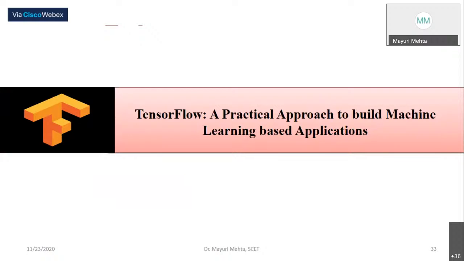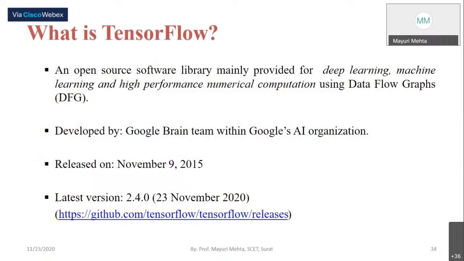So let me introduce TensorFlow to you. TensorFlow is an open source machine learning framework. It is a library mainly provided for deep learning, machine learning, and high performance numerical computation using data flow graphs.